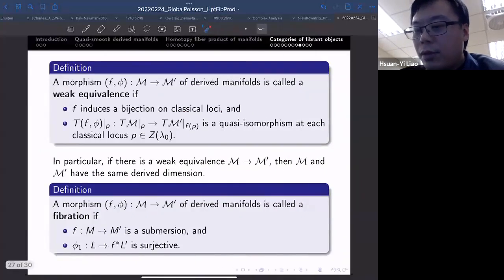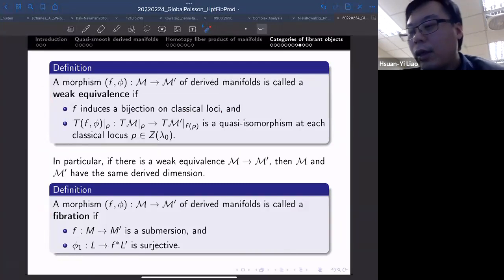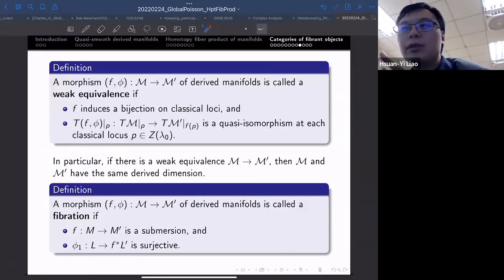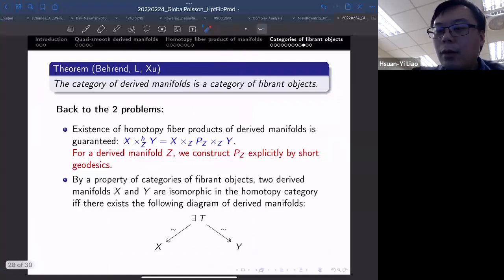So with this structure, weak equivalence and fibration, now I have a category with two special types of morphism. And our main theorem is that this category with these two special types of morphism is a category of fibrant objects. This theorem guarantees that we have factorization.